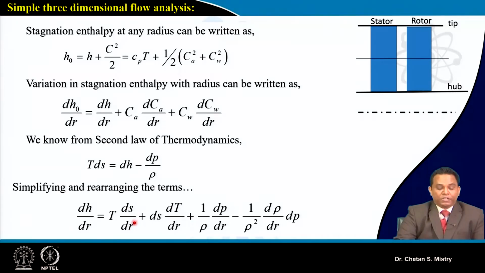That represents the change of entropy, the change in static temperature, and the change of density. So all these parameters are of importance to us, and slowly we are moving towards analyzing a more realistic picture of what is happening.